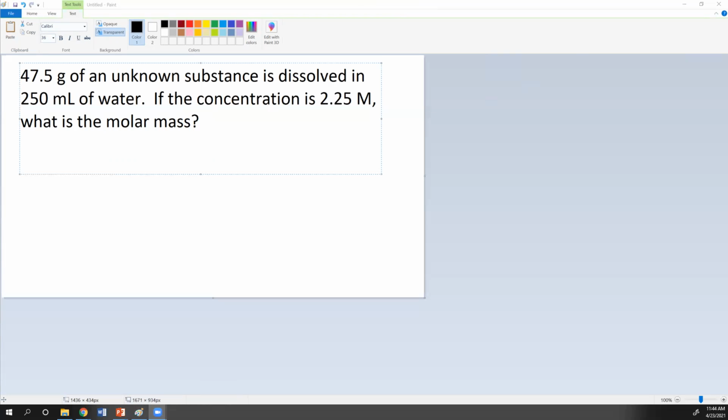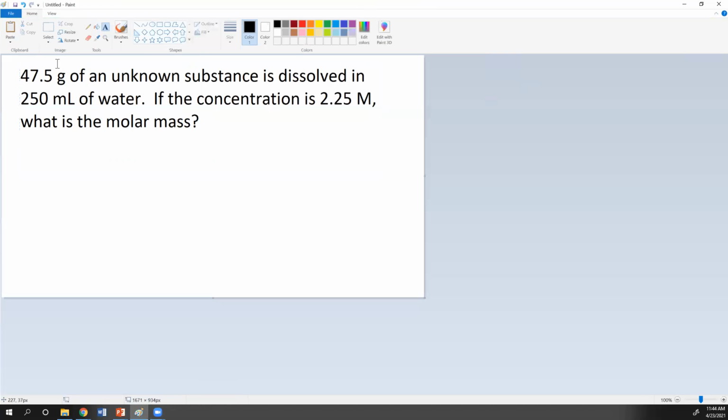As you're writing this down, you need to decide if it's the first equation or the second one. Which one is it? Second one, because I'm giving grams again. So big M equals grams over molar mass over liters. What is my molarity? 2.25.